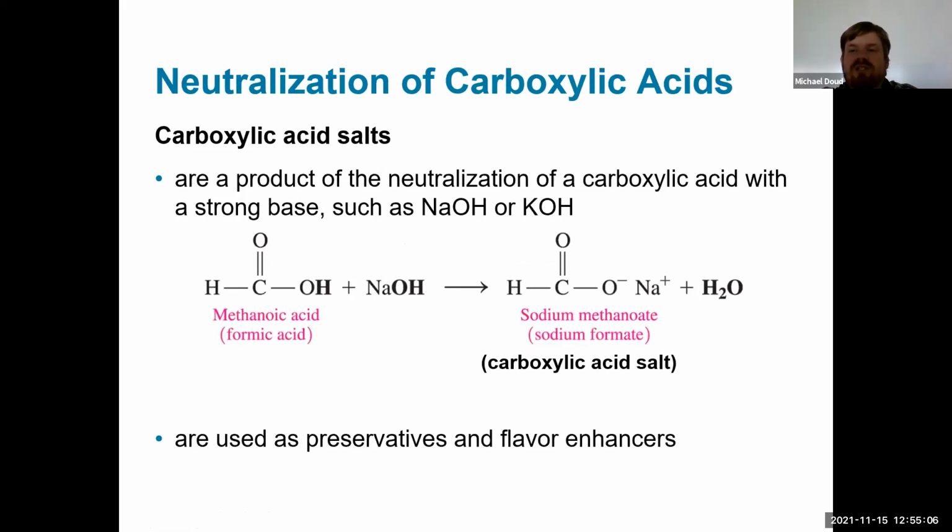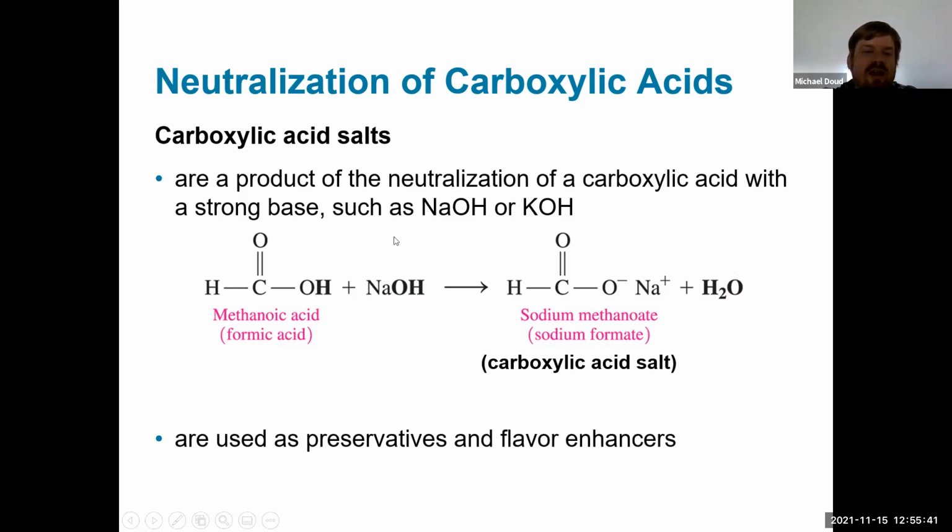Now, normally we don't just focus on the carboxylate ions in solution. You can actually form carboxylate salts by reacting a carboxylic acid with a base. So if you take a carboxylic acid and react it with sodium hydroxide or potassium hydroxide, you can actually get a salt of the carboxylic acid. So here, if we take formic acid and react it with sodium hydroxide, what happens is the proton from the carboxylic acid reacts with the hydroxide group to form water, H2O.